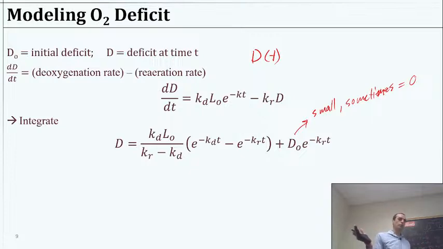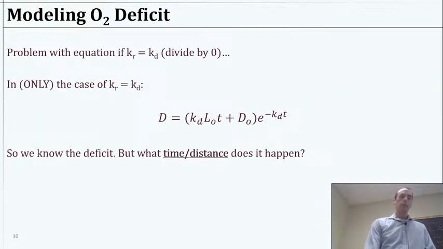Inherently, these are just rate constants, not the rates themselves. The rate constant kr is just dependent on the stream's physics. The kd is just dependent on the microbes' biological action. Sometimes those could end up equal, and then we have a problem. If kr is equal to kd, and only in that case, we have a simplification.